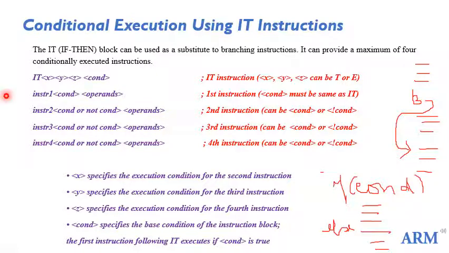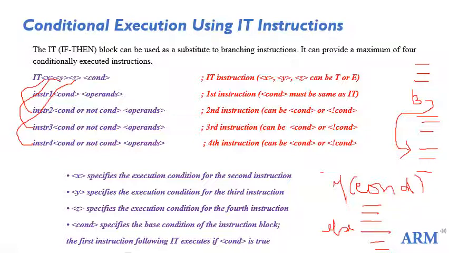So if this condition is true, then instruction 1 will be executed. Instruction 2, instruction 3 and instruction 4 will be in correspondence to XYZ. Instruction 2 will execute based on X, instruction 3 will correspond to Y, and instruction 4 to Z. As I have told you, this XYZ can be T or E.